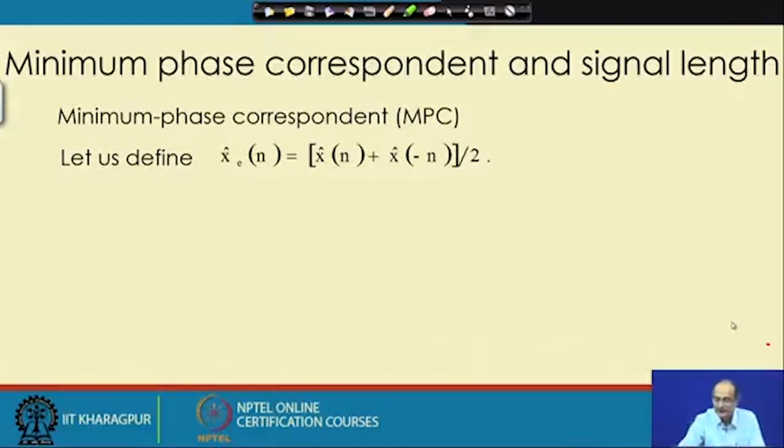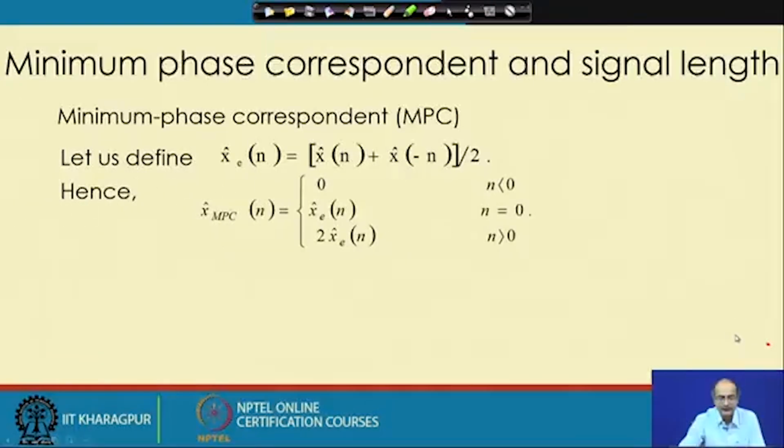So, for that, our new definition of the minimum phase correspondent matches with what we get, that for the MCP we can write in terms of the even component of the complex spectrum.